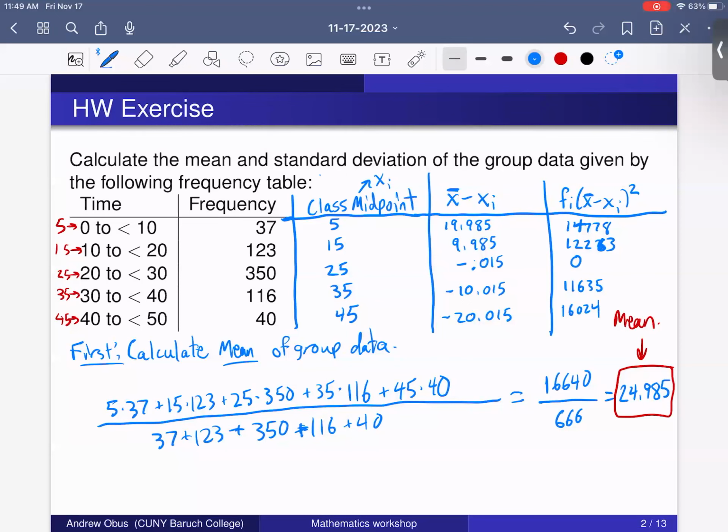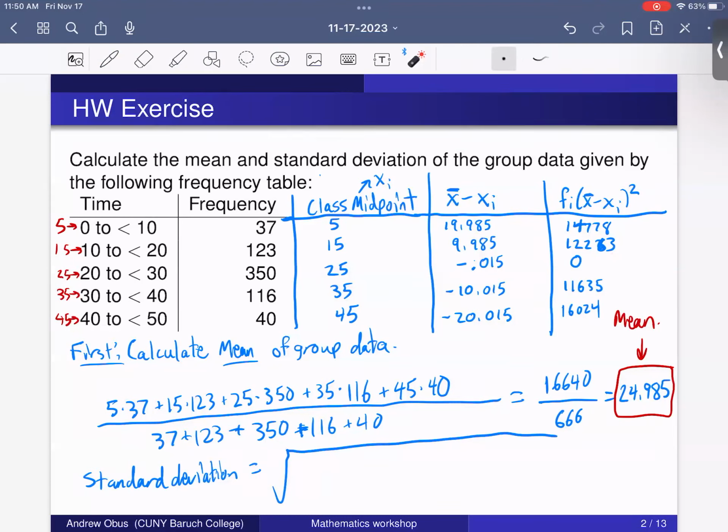Okay. So when we add them all up, the standard deviation from the formula is the square root of the sum of everything in this column. So that's 14778 plus 12263 plus 0 plus 11635 plus 16024, all divided by the total number of measurements, which we already calculated is 666.